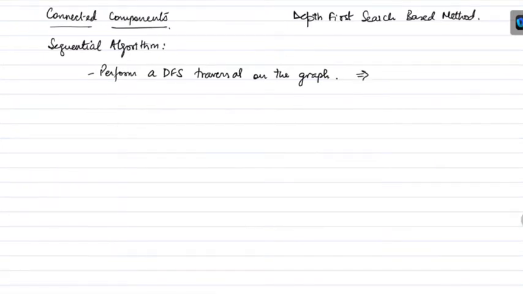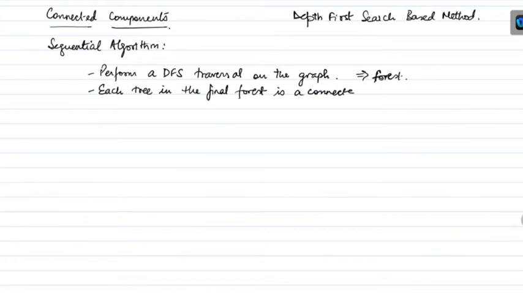Well, you'll get a forest, right? Not necessarily a tree, but you could get a forest if it's not connected. And we know that each tree in the final forest is a connected component, right? So we are talking about undirected graphs here.